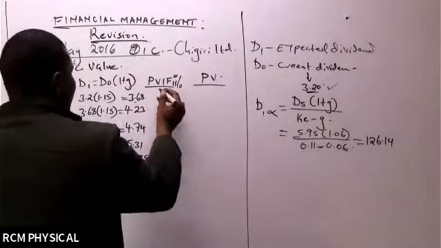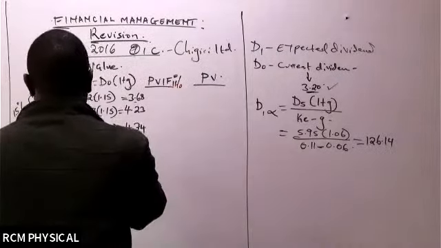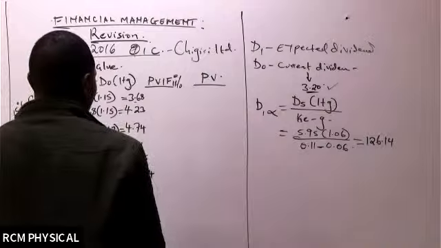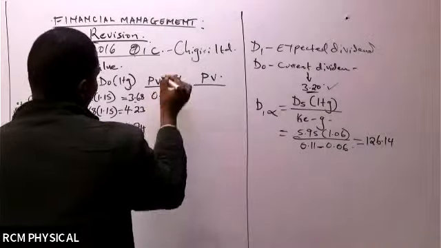Now, let's get the PV at 11% for year 1 to year 6.